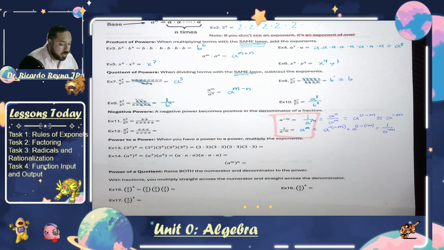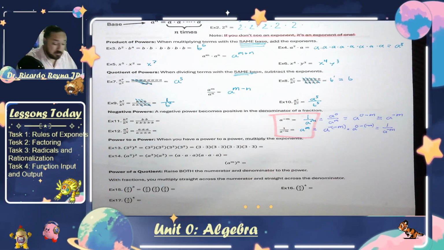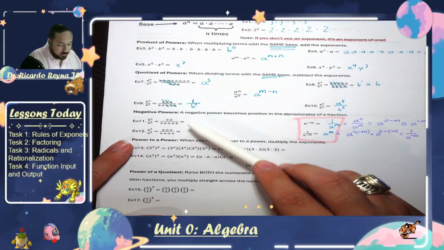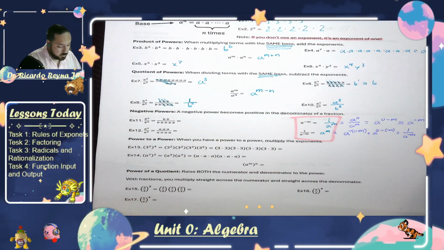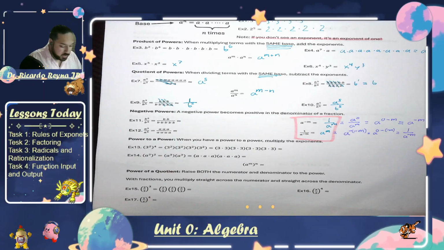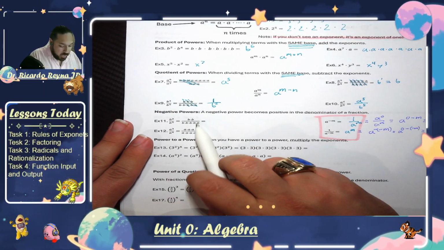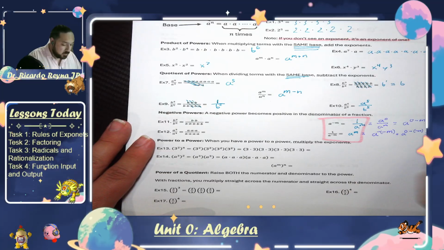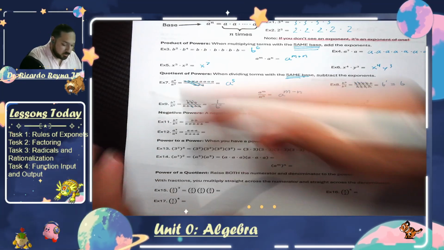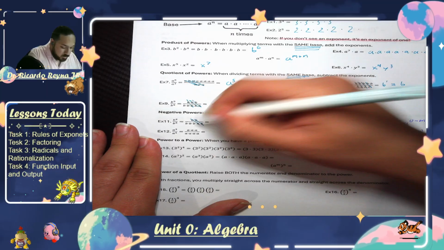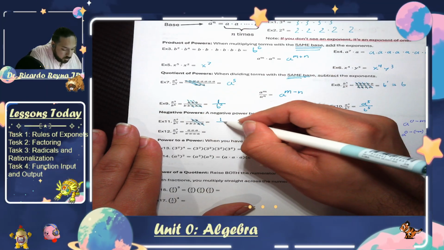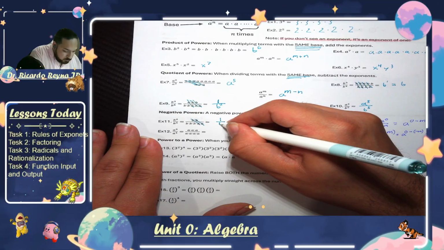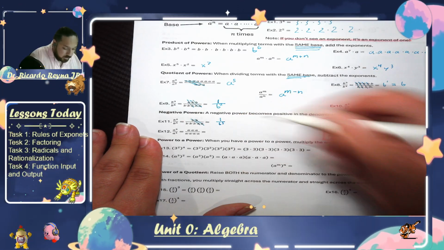Okay. Let's do the actual simplifications, right? Okay, so from here, if we simplify this, let me use the other guy, excuse me, we have 1 over b to the power of 3.